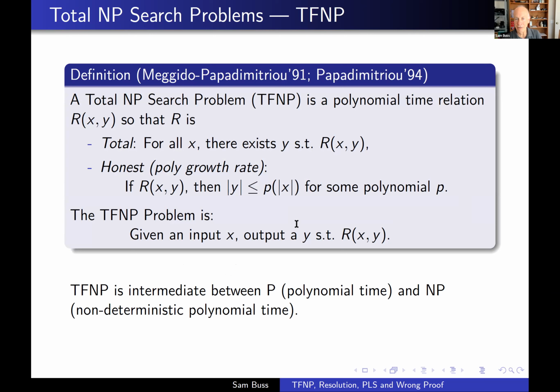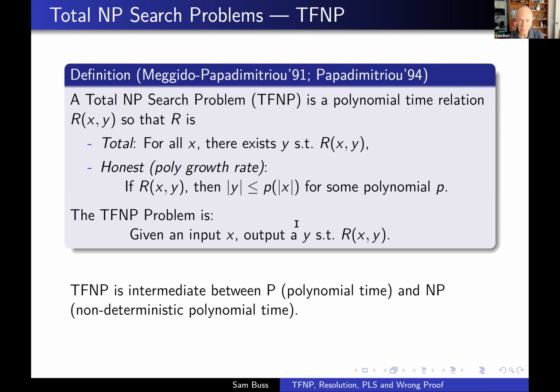Namely, for every X, there is a Y such that R(X,Y) holds. And Y can always be picked polynomially bounded, with its length polynomially bounded in the length of X. And the TFNP problem is: given input X, find some Y such that R(X,Y) holds. And this is intermediate between polynomial time and non-deterministic polynomial time.